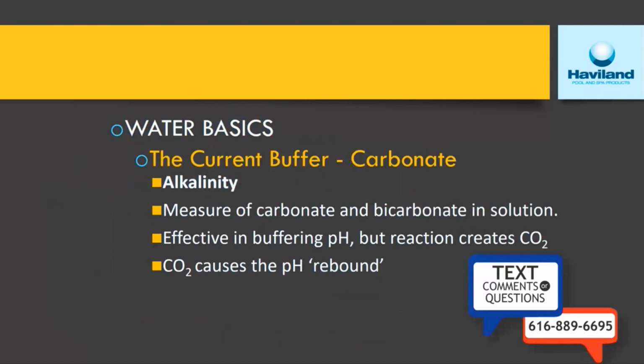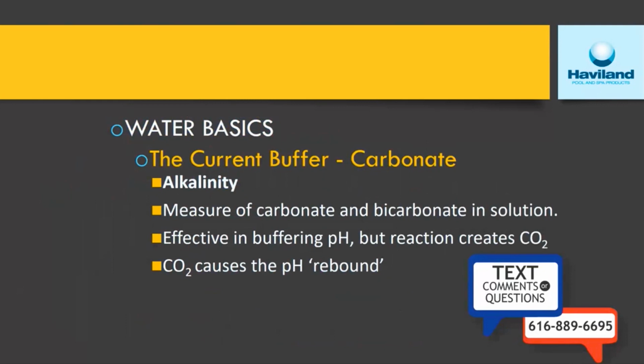The problem with that buffering system is that it is very easily reacted to by acid in the water. Acid reacting with carbonates can cause CO2, and when that CO2 leaves the water, the pH rebounds, comes back up. Let me get into it a little deeper for you.